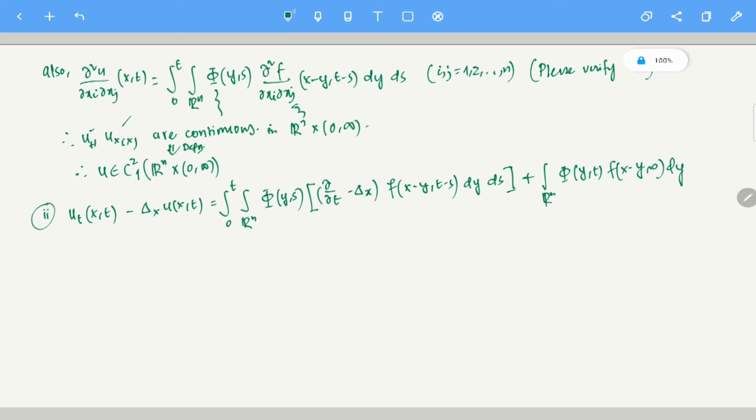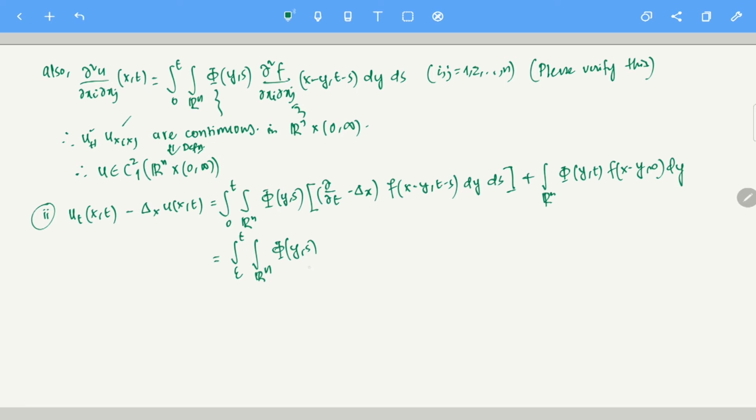Now once I write it, I am going to break it up into 3 parts because phi has a singularity at (0,0), if you remember. So I break it up into epsilon to t over R^n. Here I do not have to work with R^n separately. If I am just taking from epsilon to t, then for any x in R^n, the singularity is gone, right? So phi of (y,s) does not have a singularity in this interval between epsilon and t, integral over R^n.